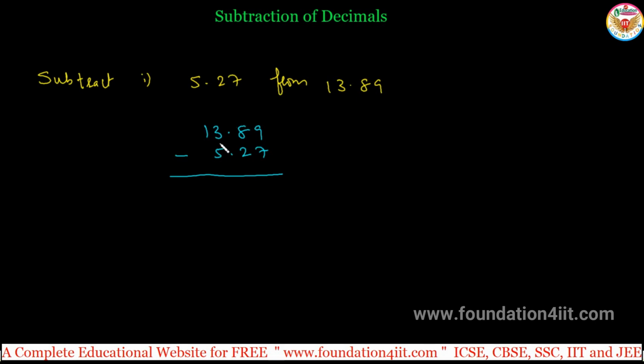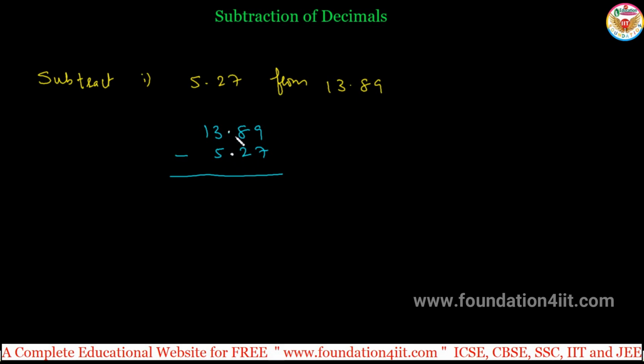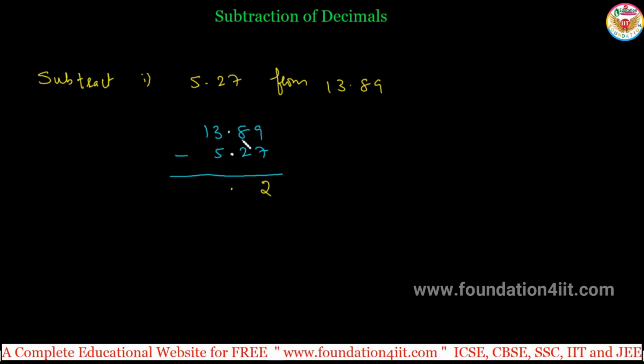So place value should be the same, even along with the point. Then do normal subtraction. I will do 1389 minus 527. In the same way, 13.89 minus 5.27. Don't look at the point, just do normal subtraction. When the place comes with the point, you also keep the point, right? And 9 minus 7. So it's 2. 8 minus 2.